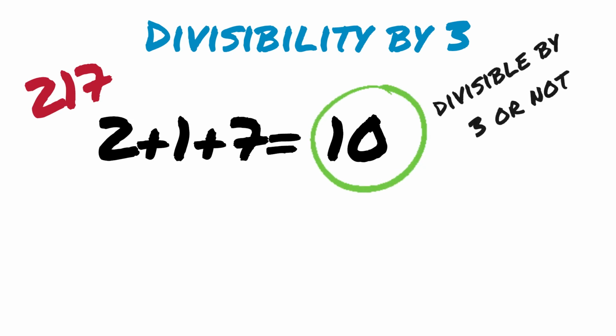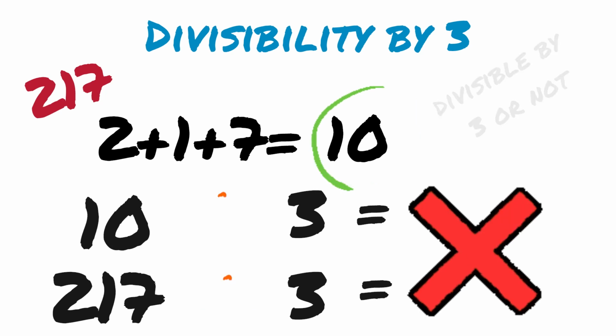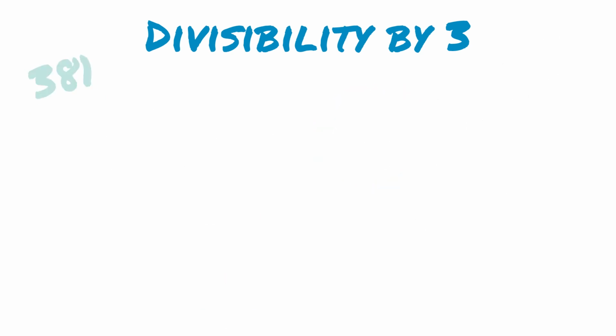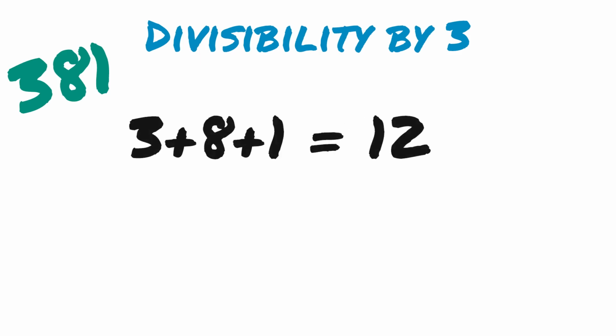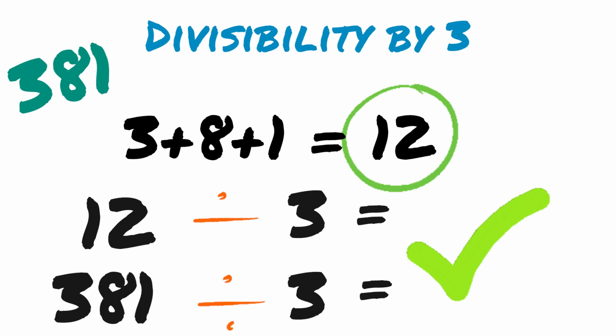If the sum is a multiple of 3, then the original number is also divisible by 3. Here, since 10 is not divisible by 3, 217 is also not divisible by 3. Similarly, 381 is divisible by 3 completely, as the sum of its digits, 3 plus 8 plus 1, is equal to 12, which is a multiple of 3.